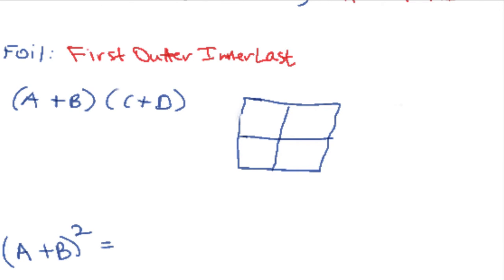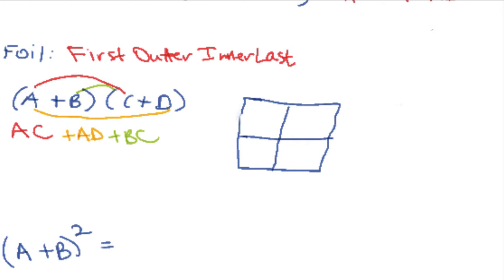And if you take the first two, multiply them together, then you take the outer two, multiply them together, and then take the inner two and multiply them together, and then take the last two, multiply those together, you have FOILed.